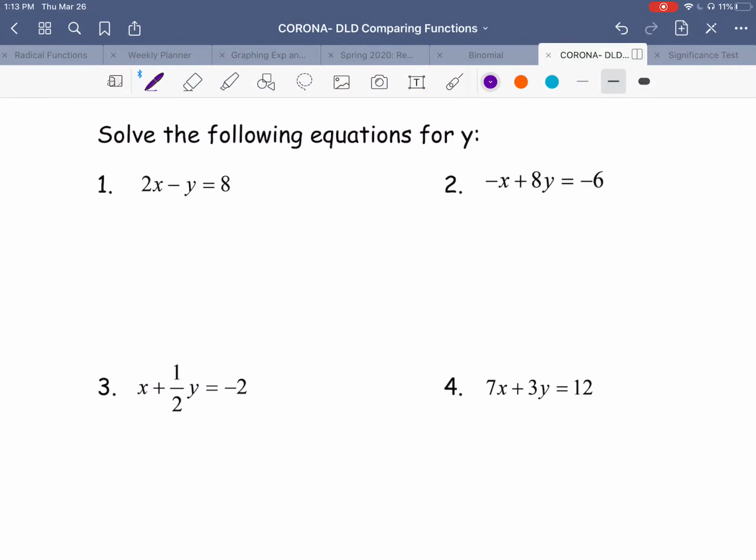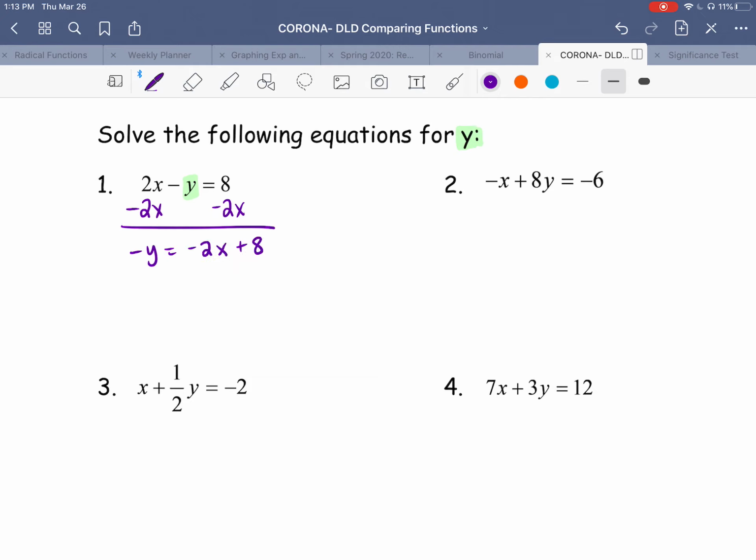All right, so I'm going to work through some of these problems for you. We're going to go through all of them actually, but in every single situation, we are going to be solving for y. So we want to get a y by itself. In this case, for the first one, we want just this y by itself. First thing we're going to do is subtract 2x. Then we're going to have a negative y equals negative 2x plus 8.